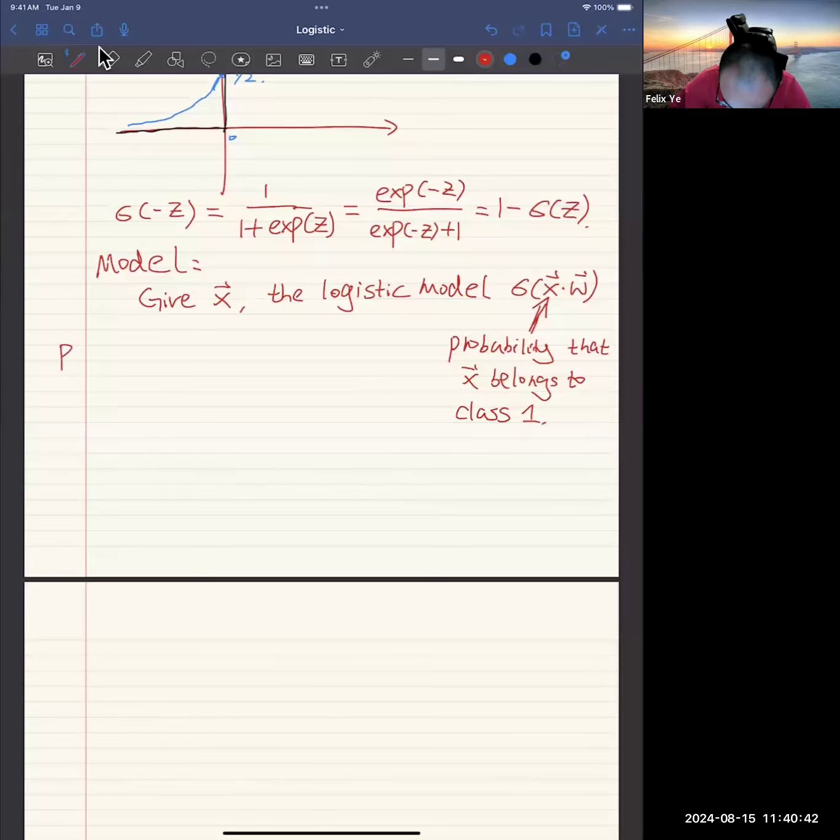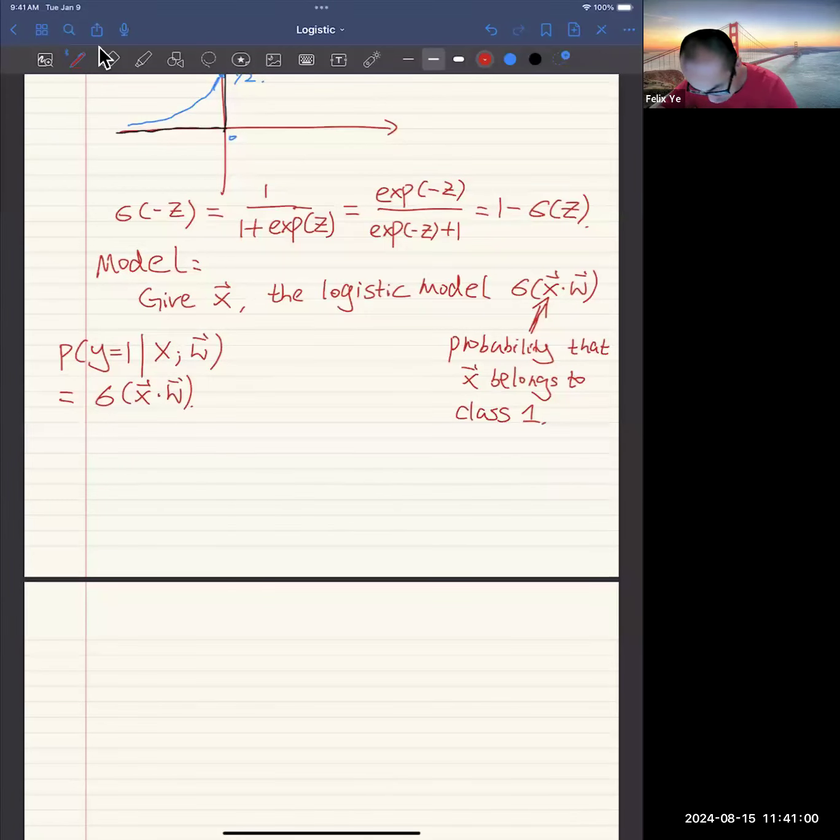Mathematically speaking, the probability that y equals 1 conditional on x and w is sigma of x w. So we build a model where the probability of y equal to 1 is sigma of x w.